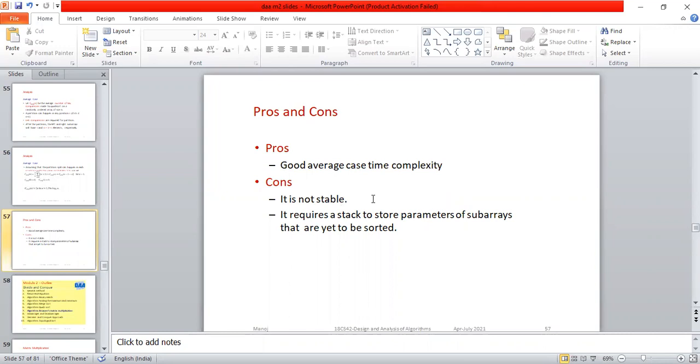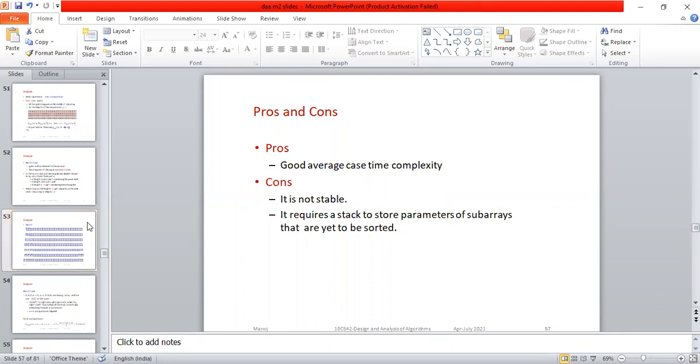It is not stable. It also requires a stack to store the parameters of the subarrays that are yet to be sorted. So these are the advantages and these are the disadvantages.